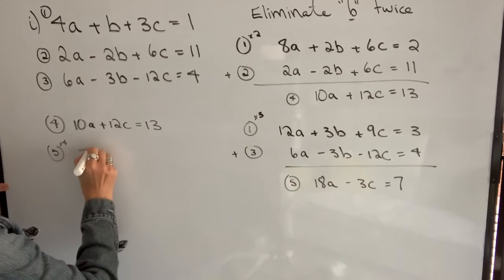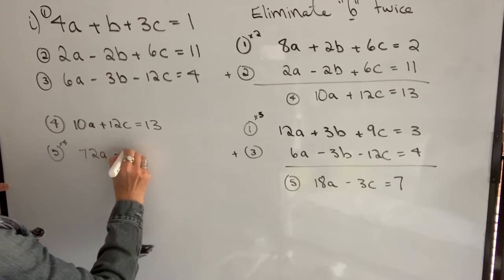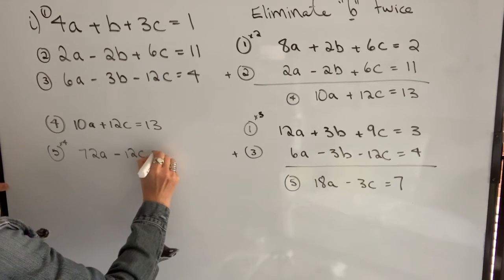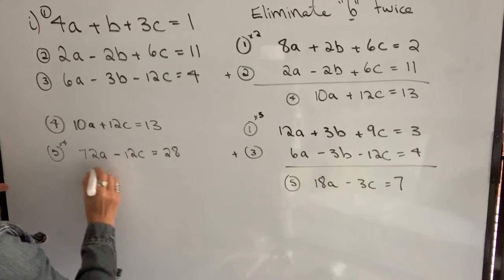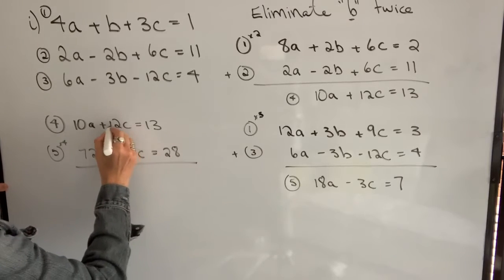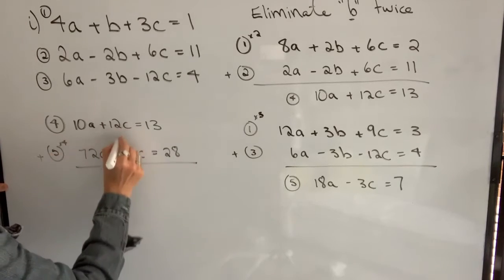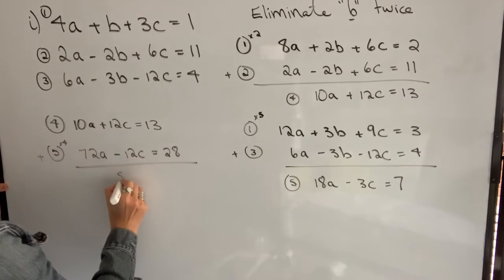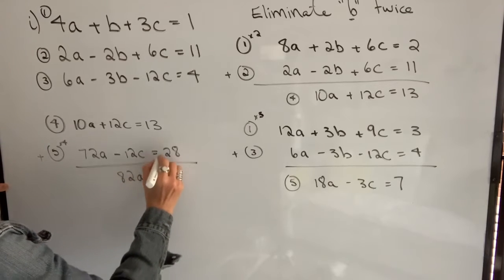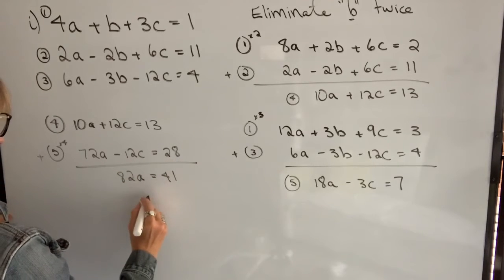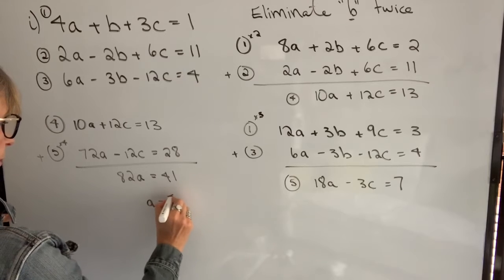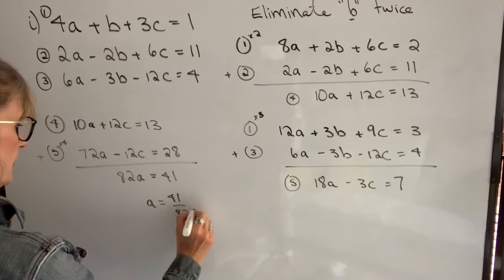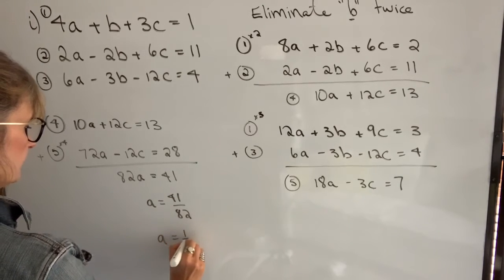So I'll get 72A minus 12C is equal to 28. I'm going to add the equations because these are opposite in sign, and I'll end up with 82A equals 41. So A will equal 41 over 82, which is 1/2.